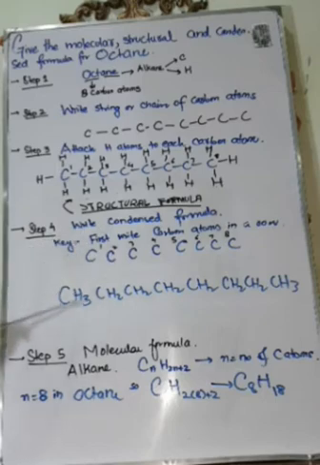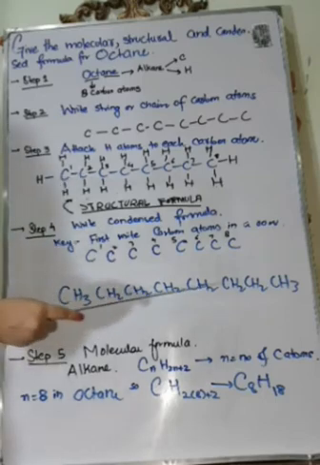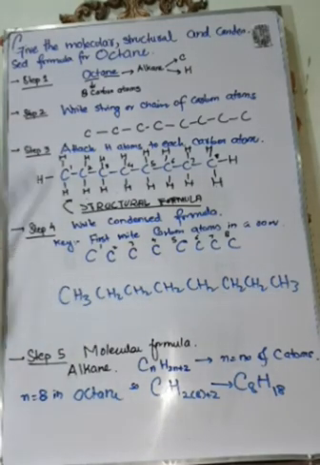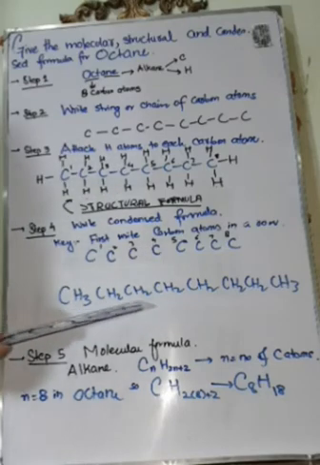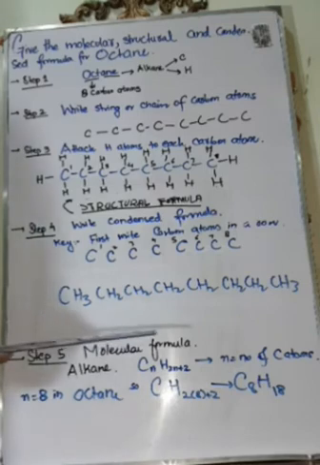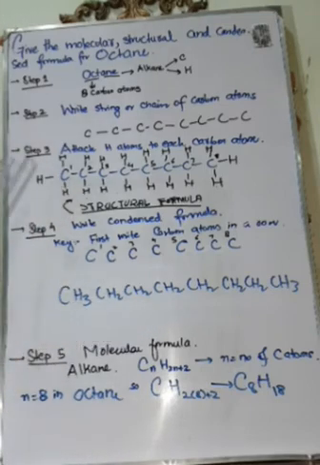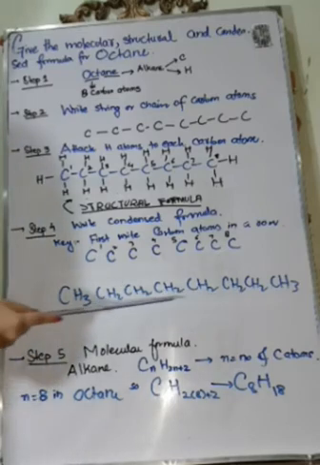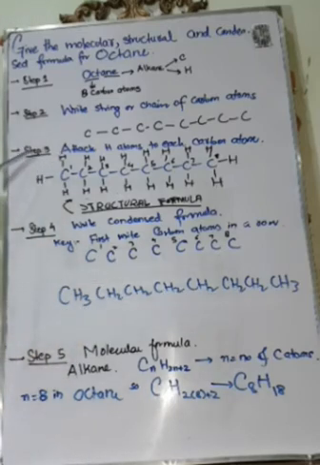So we wrote CH3, then CH2, CH2, CH2, CH2, CH2, CH2 and CH3. By numbering each carbon atom, you can easily follow the sequence of these groups as present in the structural formula.